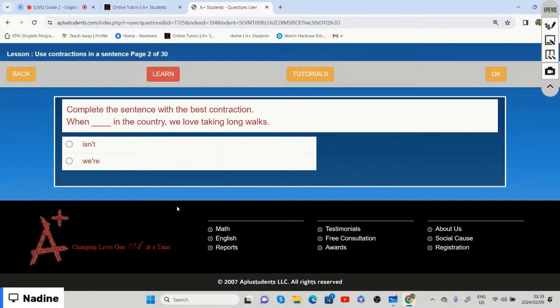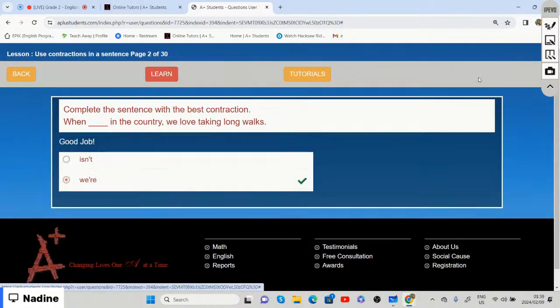So we are saying when we're, which is we are. When we're in the country, we love taking long walks. So we're, which is we as well as are. And we're is correct.